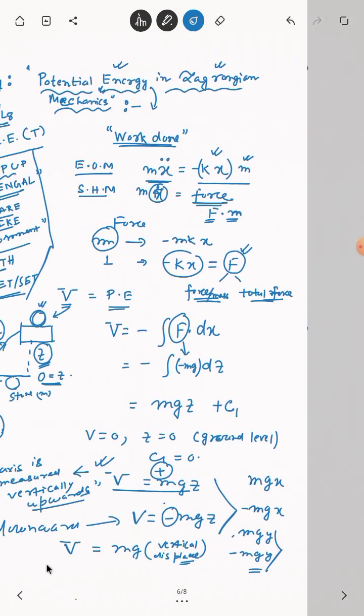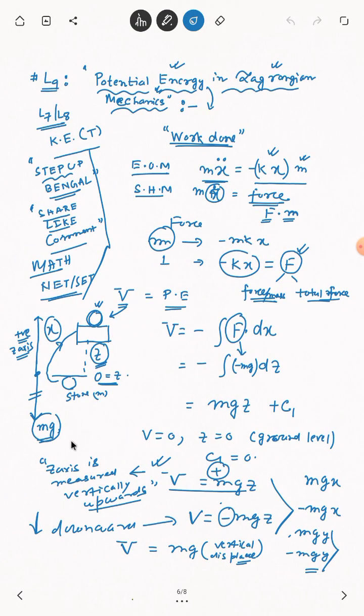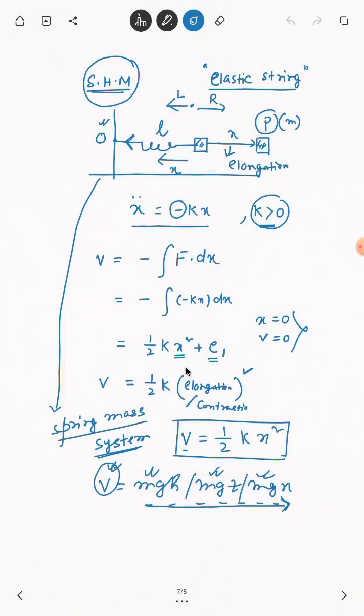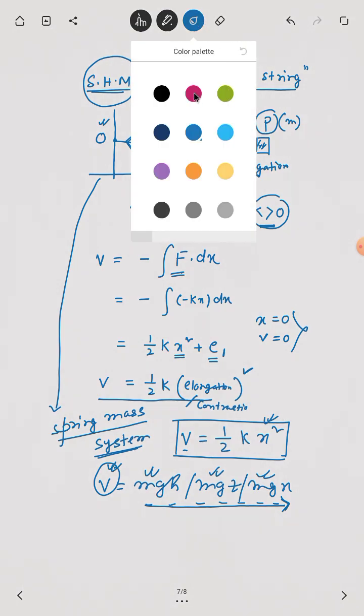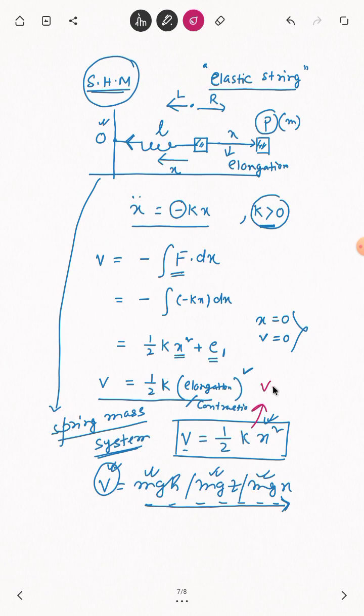Mg will come only if all the work has been done in the gravitational field, or rather by the effect of gravitational force. But in general, any force F can be used, and in the spring mass system we have seen this most beautiful result. You should mark it with red color. This is very important. We will see in a minute why it is important. Half kx square. Clear?